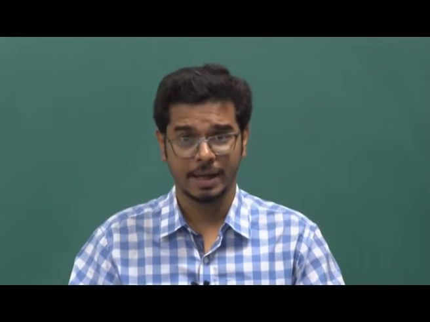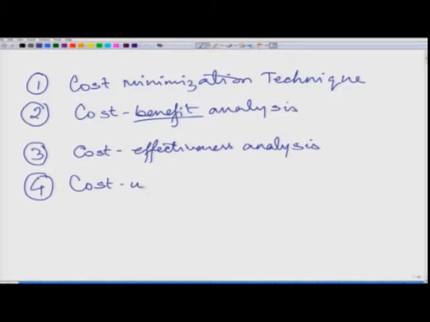And it can eventually be measured in terms of quality adjusted life years or disability adjusted life years, that is, to get 1 unit of DALY or 1 unit of quality, what amount of extra cost I need to incur. But at the same time, when we talk about QALY and DALY, we basically attach it with cost utility analysis.